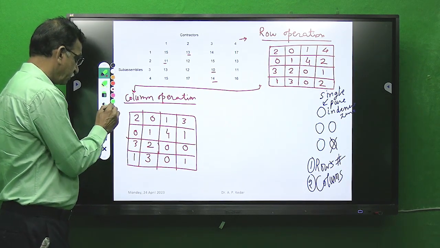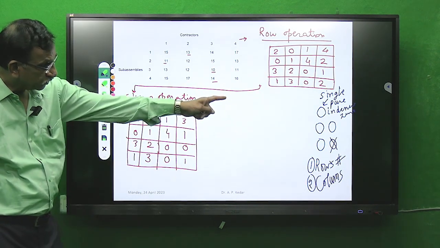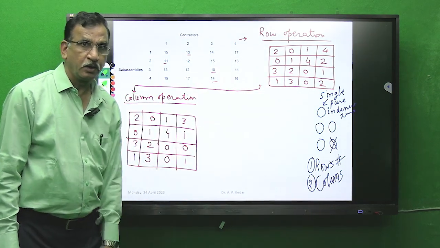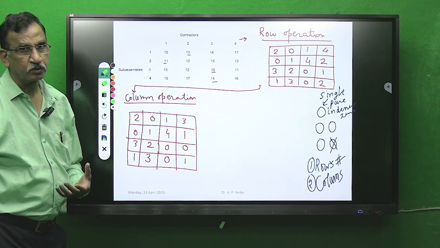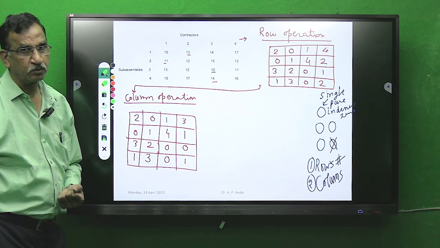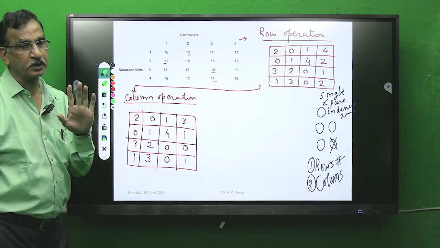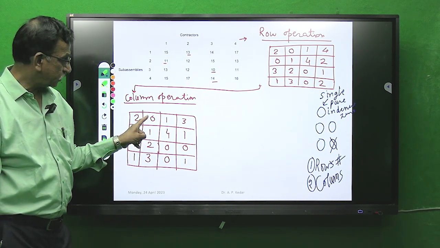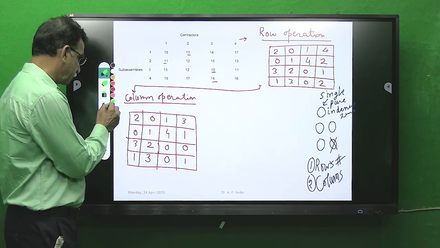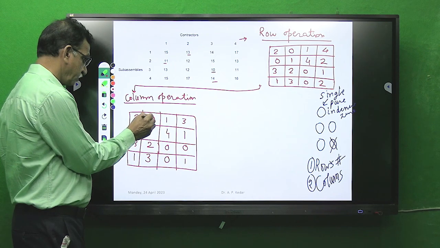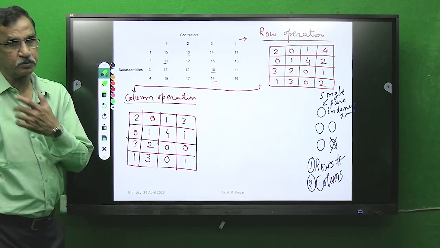So what is the exact process? This is the key. Start by assigning that 0 which is pure and single. So this is this 0. This is not 6, this is 0. This 0 is pure 0.